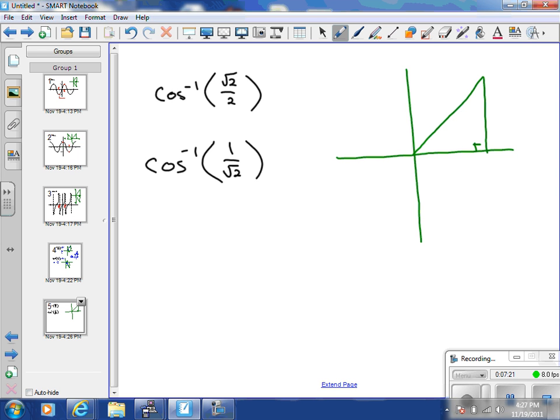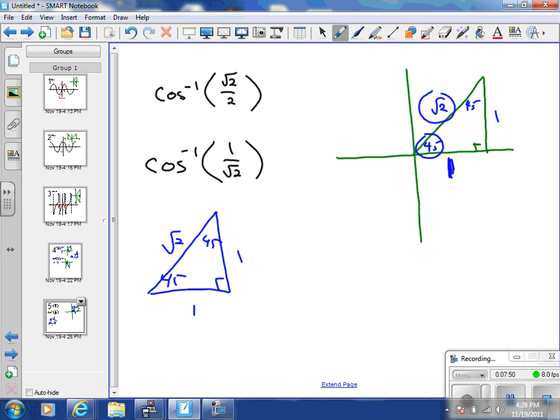Now the triangle that involves the 1 and the square root of 2 is our 45, 45, 90. Here's 45, 45. I got 1, 1, square root of 2. So I know that this has to be a 45, 45, 90 triangle. Sure enough, the cosine of this angle would be this 1, right down here, divided by the square root of 2.